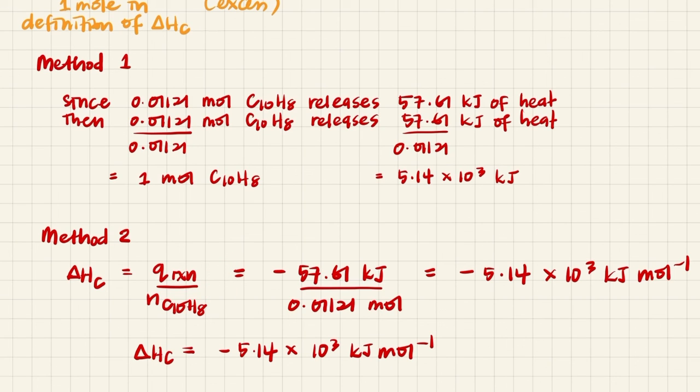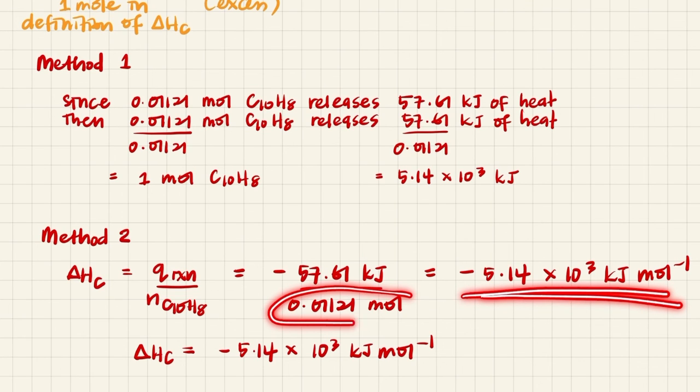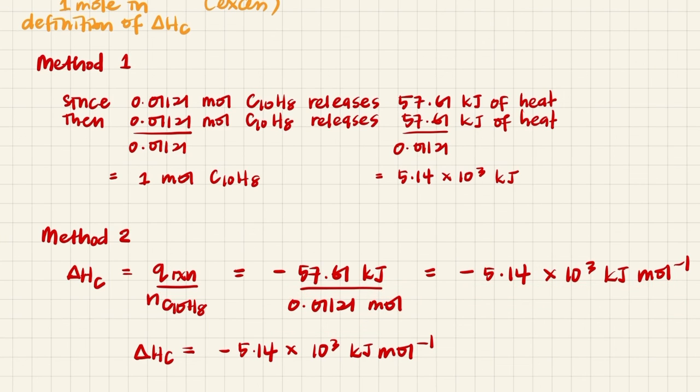Then we just divide our values together and we will get the heat of combustion, when 0.01121 mole of naphthalene was being burnt. So make sure your answer for enthalpy of combustion or heat of combustion, remember those terms, will be negative 5.14 times 10 to the power of 3 kilojoule per mole.